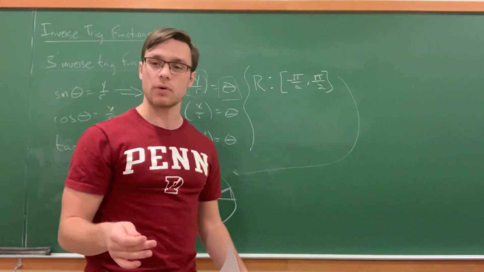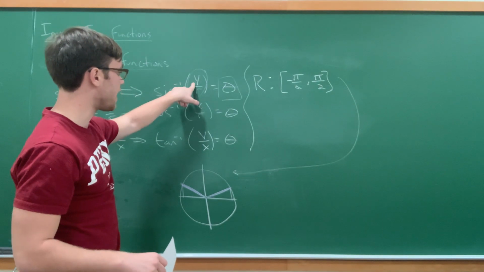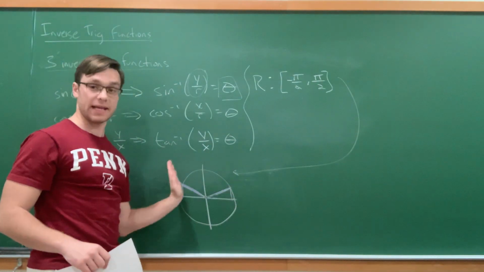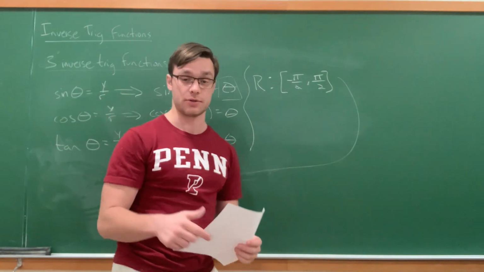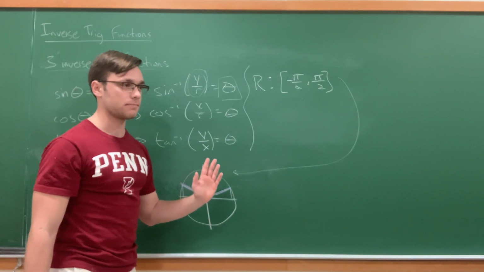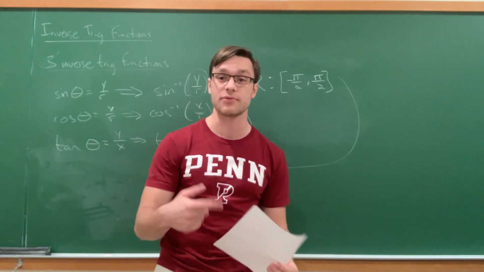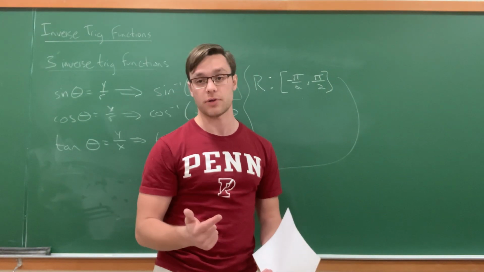But you can't have both. If I ask what's the inverse sine of 1/2, you can't say both pi/6 and 5pi/6, because then it's no longer a function, since you're having 2 outputs. The definition of a function is that for any one input, there is no more than one output.